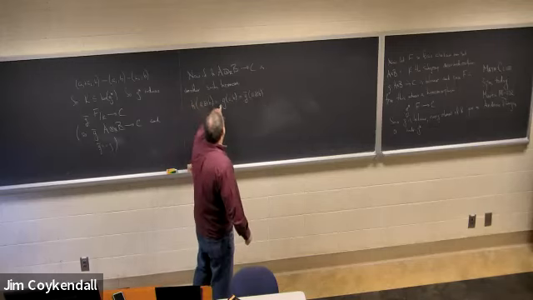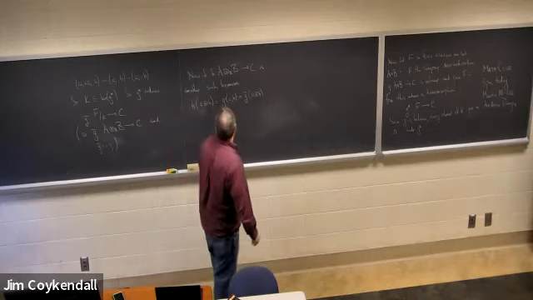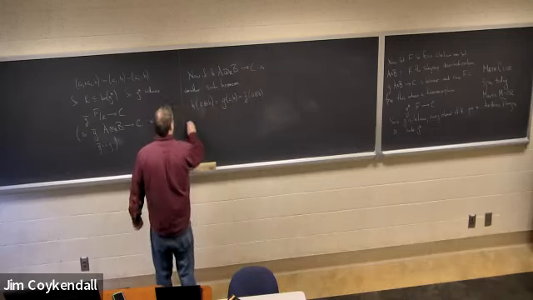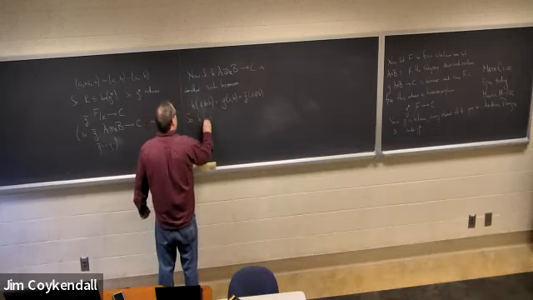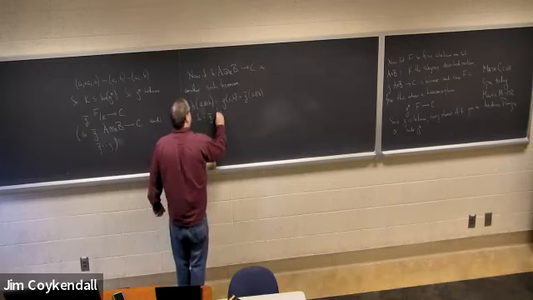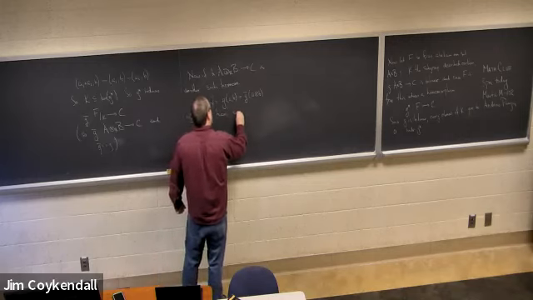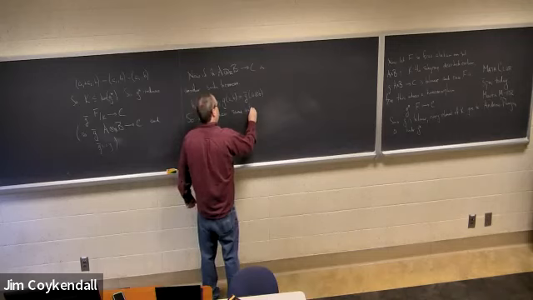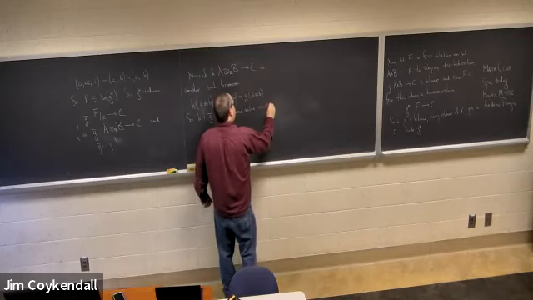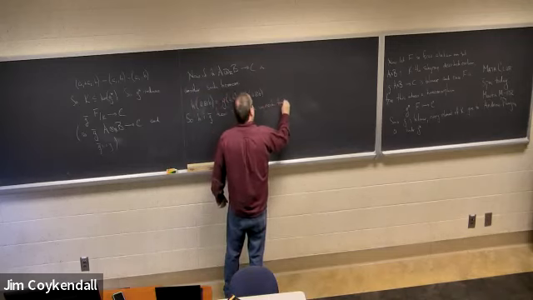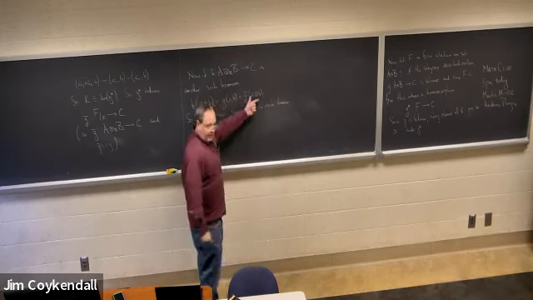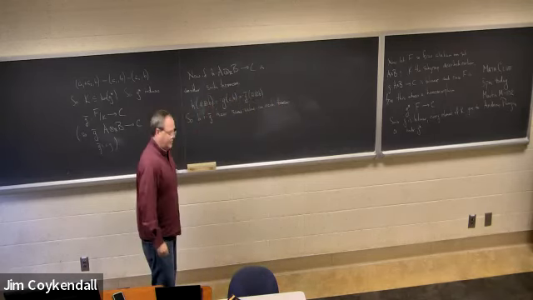Because this G is G bar iota, which is this thing. So H and G bar have the same value on each tensor. That is, they have the same value on each individual tensor.